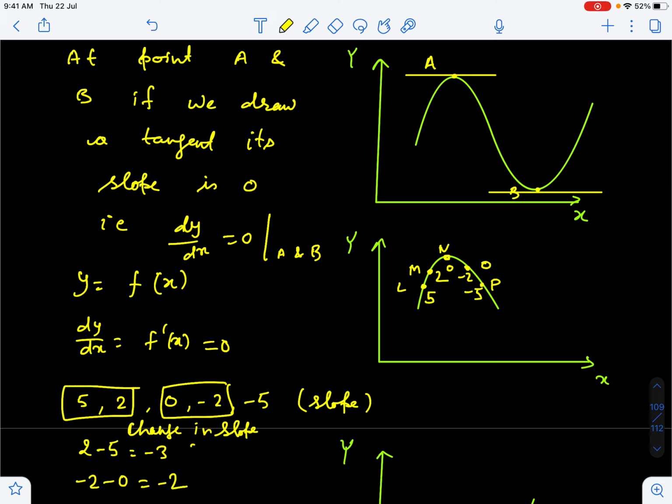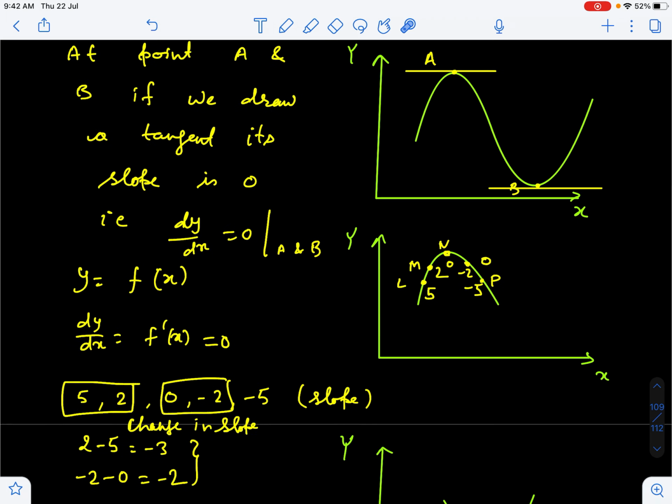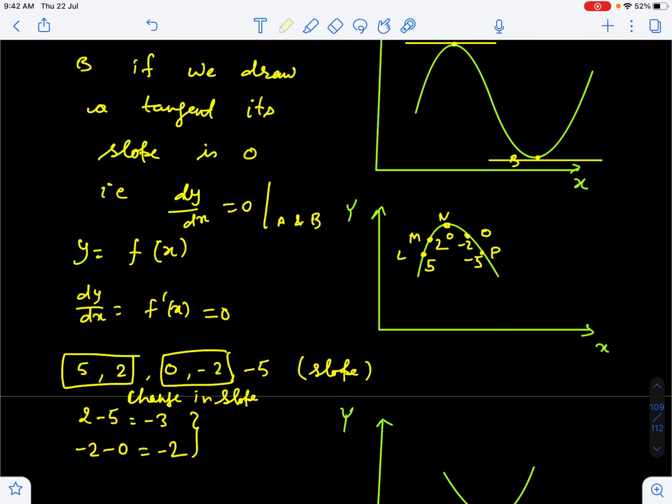So I see here that the change in slope is always negative, or the rate of change of slope is decreasing as you approach the maxima.